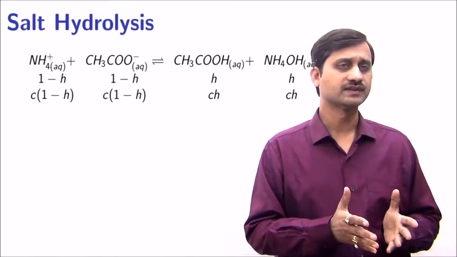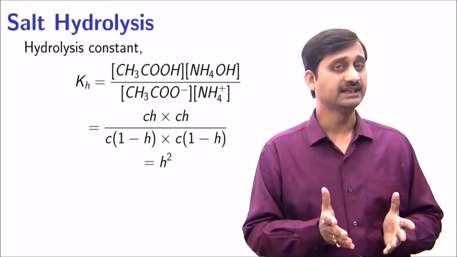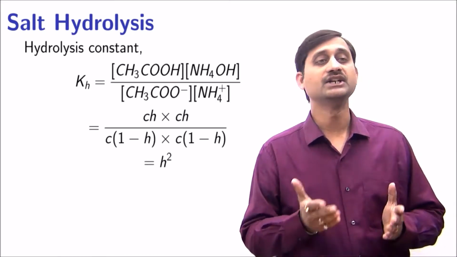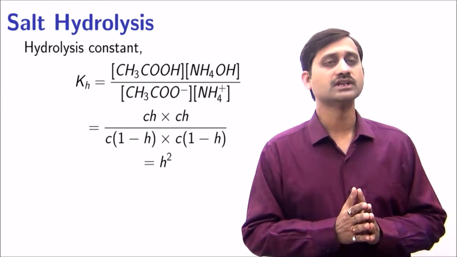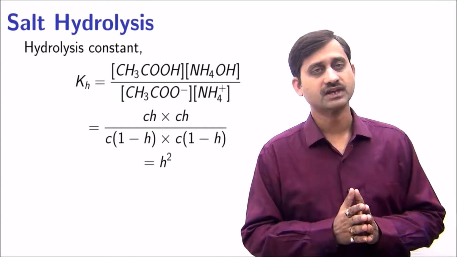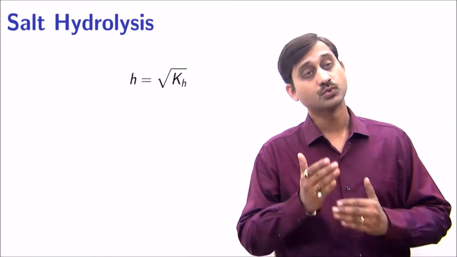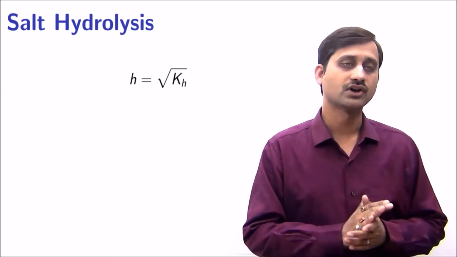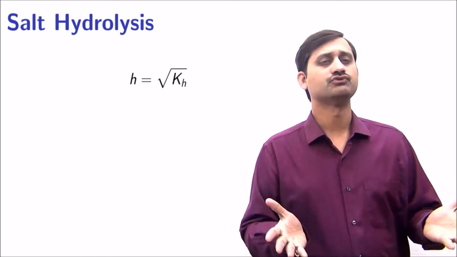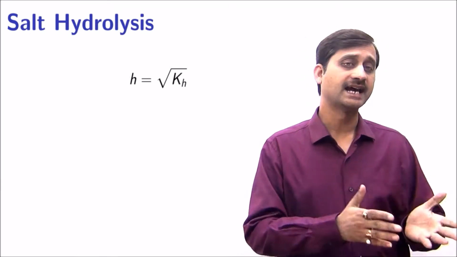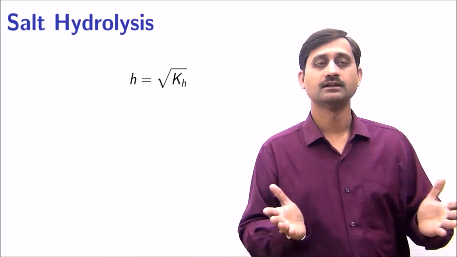The hydrolysis constant KH is simply the square of degree of hydrolysis. Now this allows us to take the degree of hydrolysis as simply the square root of hydrolysis constant. The solution is neutral as the hydrolysis of cation as well as anion is the same.